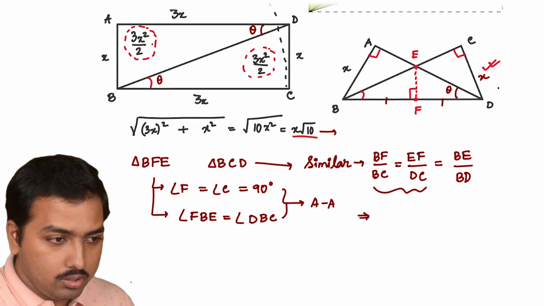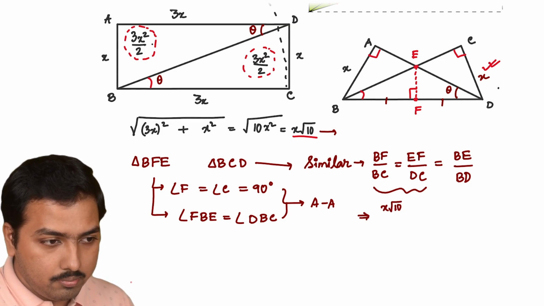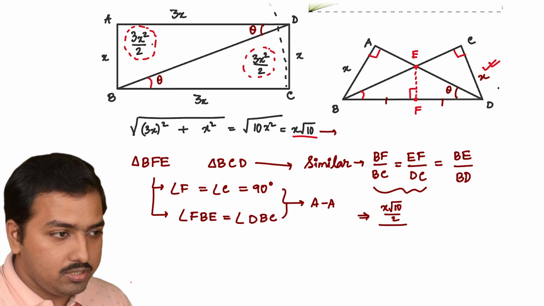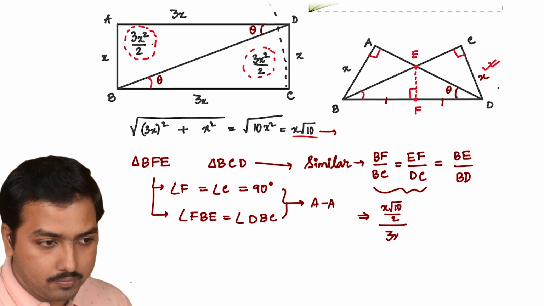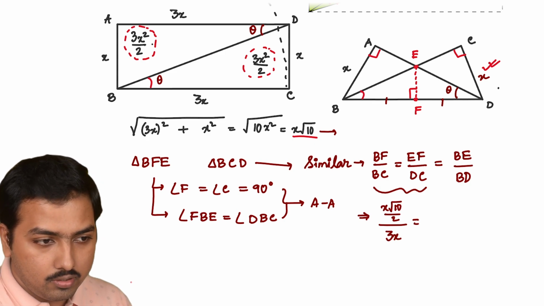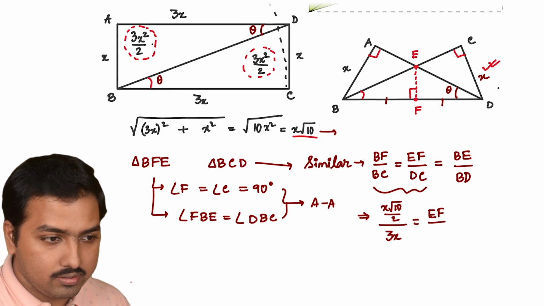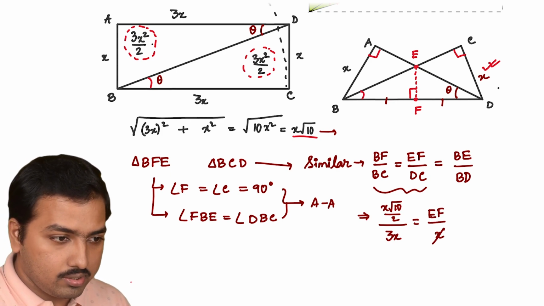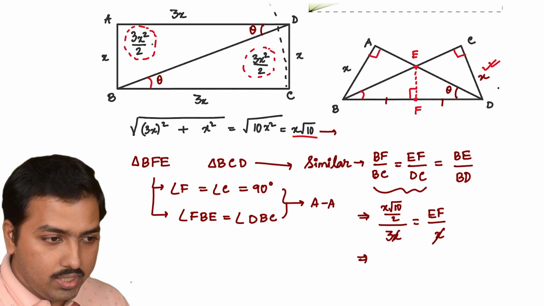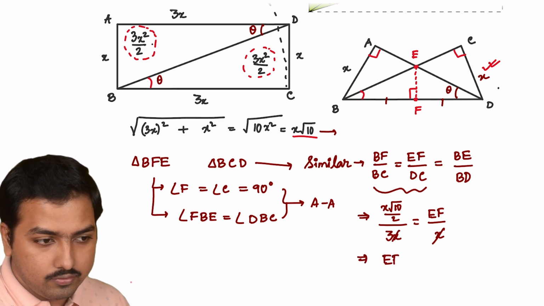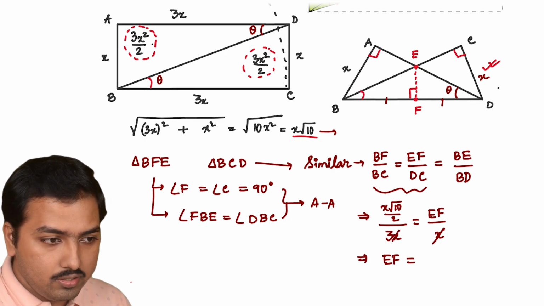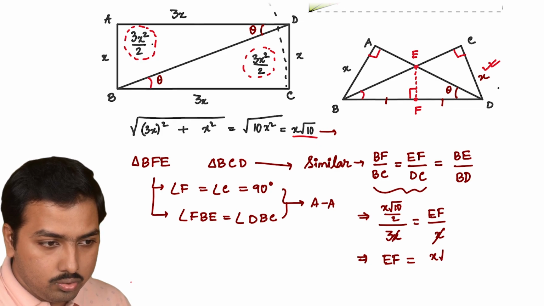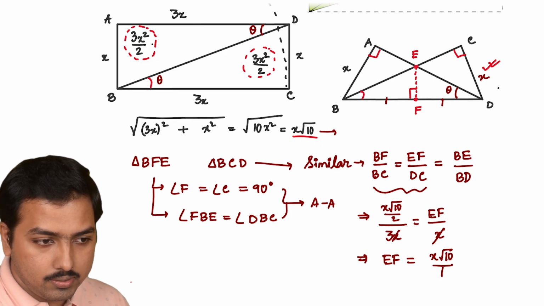That means x root 10 by 2, over BC. What is BC? BC is 3x. This equals EF, which is what we want, over CD. CD is x. So this x and this x cancel. So we are getting our EF, the required thing. EF is x root 10 by 6.